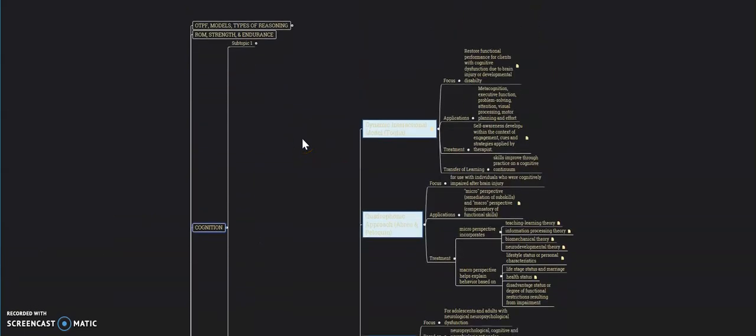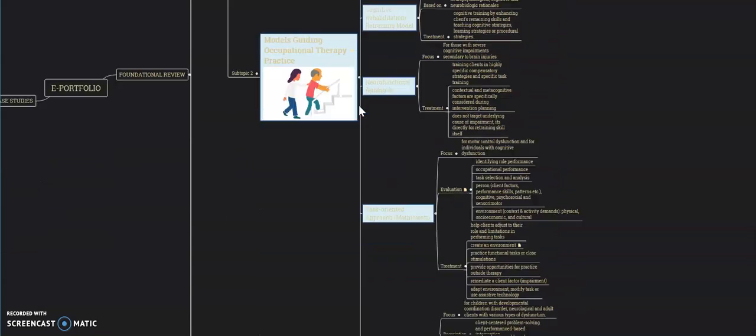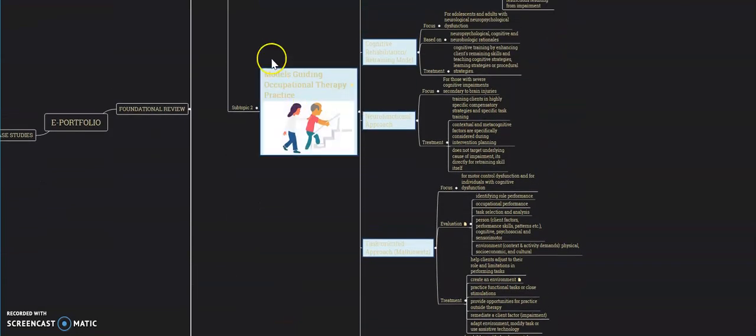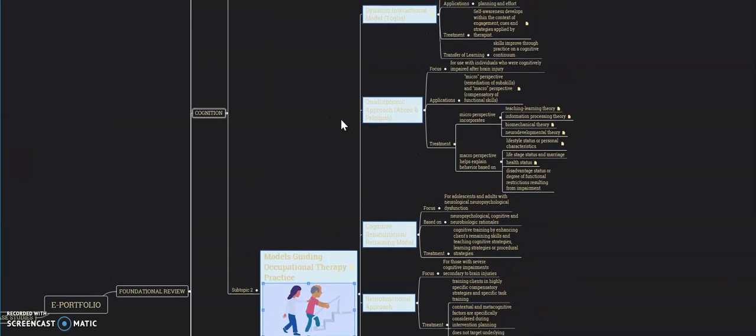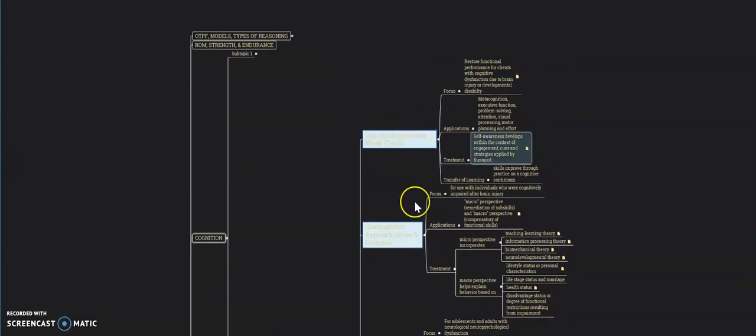For cognition, here we go. Cognition is such a big part of what we've learned. So I thought a really good concept map on this was the models, because it's important to know where your basis of treatment is going off of.